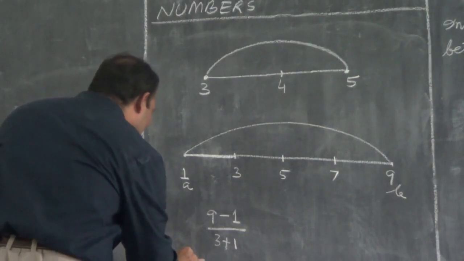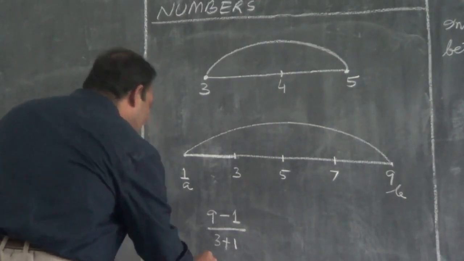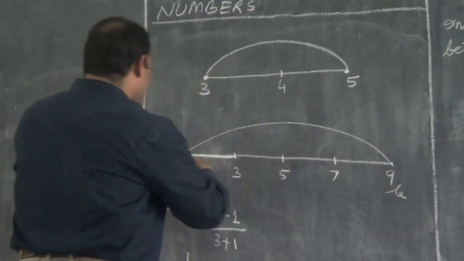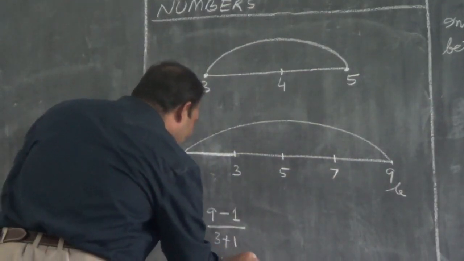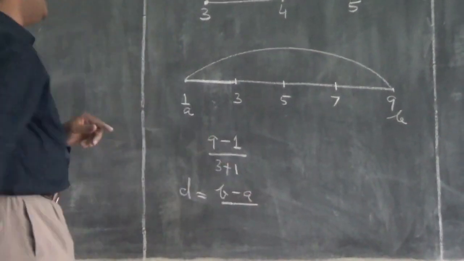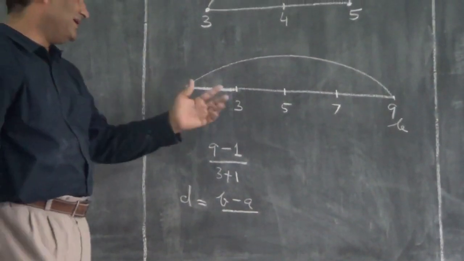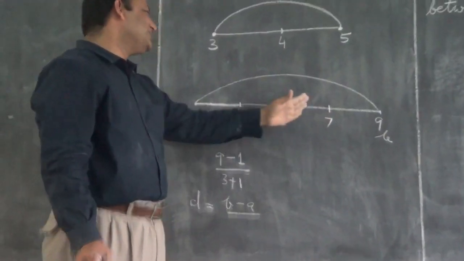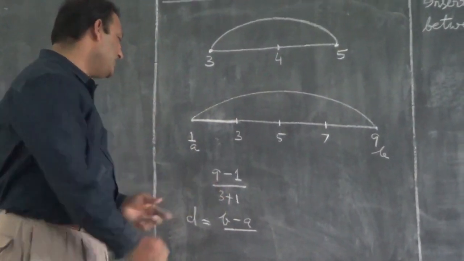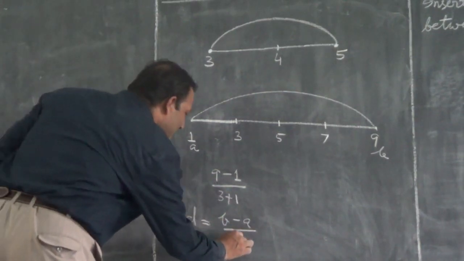How did I get it? 9 minus 1, that means B minus A, divided by how many numbers we are going to insert, 3 plus 1, that means n plus 1.